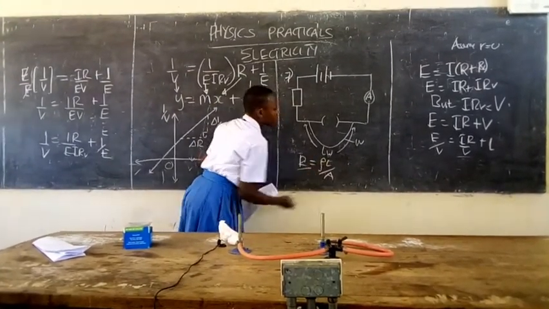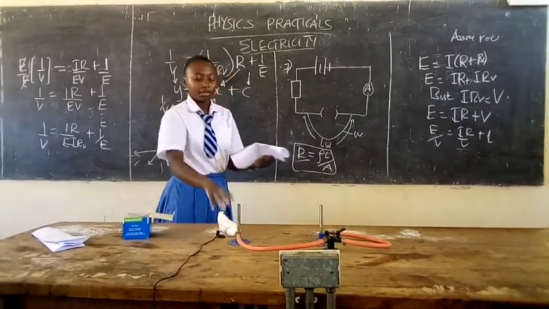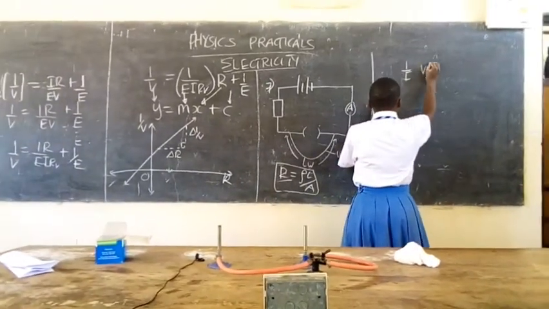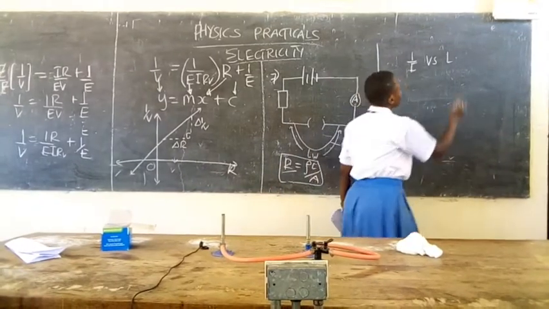Then resistivity can be deduced from the graph of 1 over I against L. These are LW.